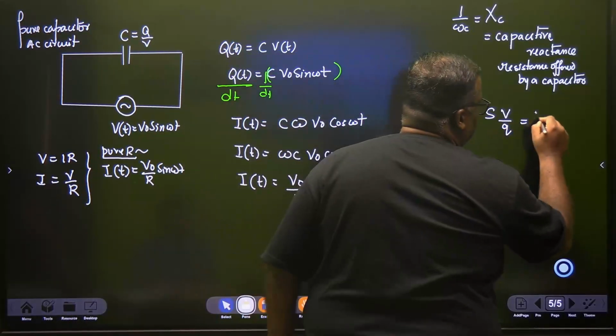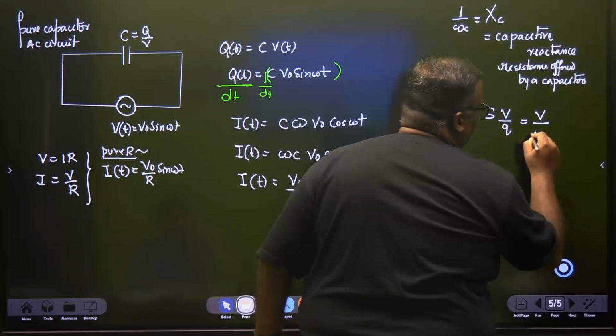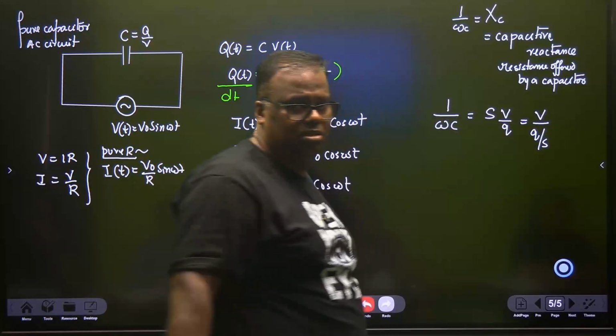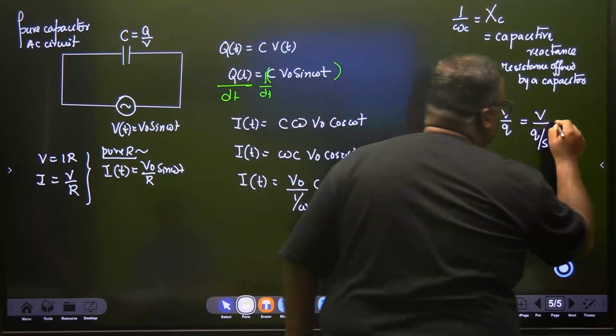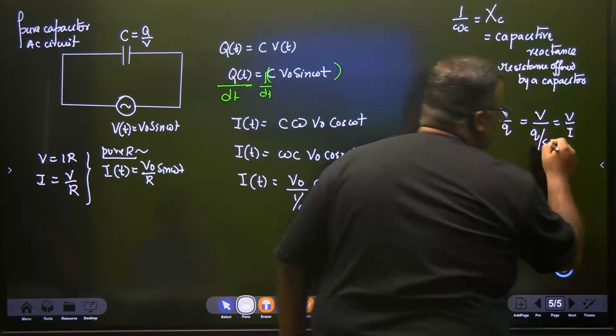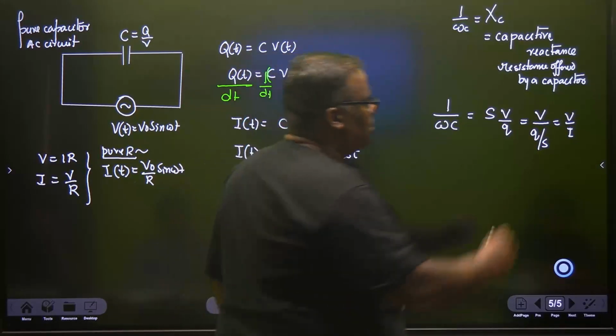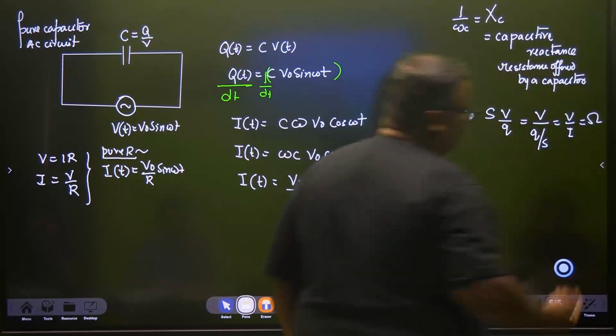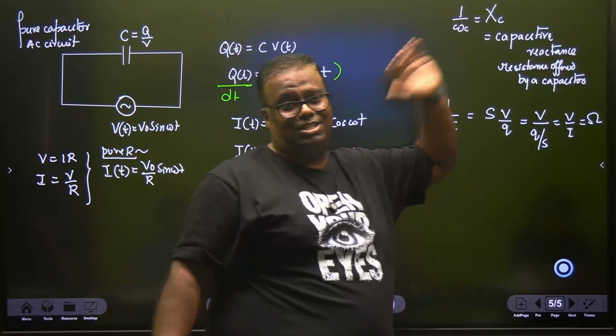This can be written as V divided by Q divided by s. Q by s is nothing but current, charge upon time. Is this not equal to ohm? Yes. This quantity is resistance.